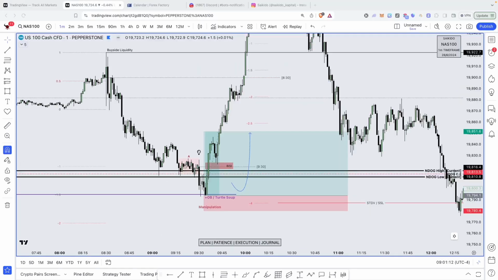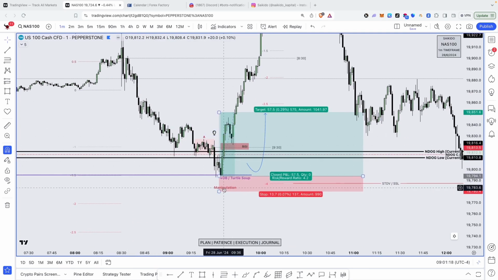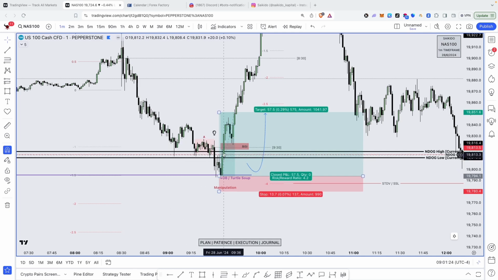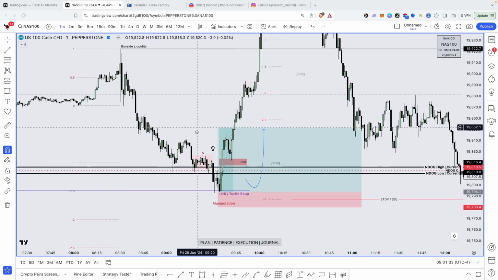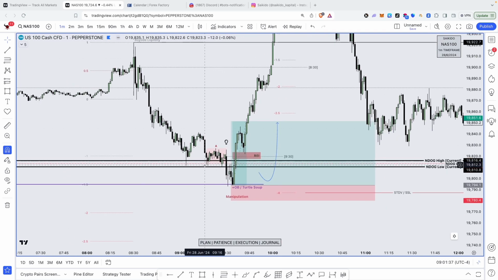So let me show you how I was able to get this entry on 1 minute. I got an early entry because I was already studying, and I like this because every time you are going to get a true change in state of delivery, the right one, the most powerful one, the one that's going to give you long price legs like this one, you'll see there will be new liquidity generated close to your higher time frame point of interest.